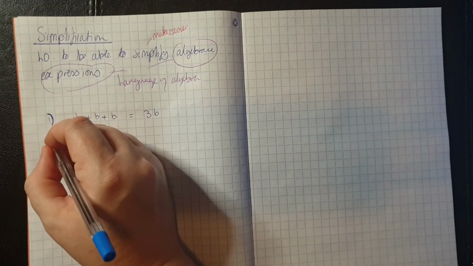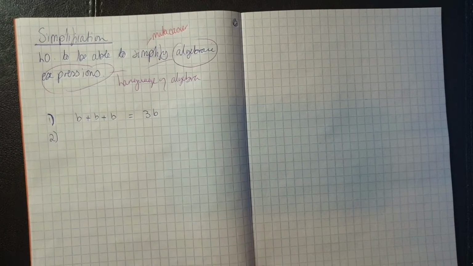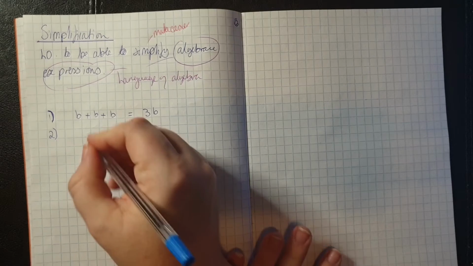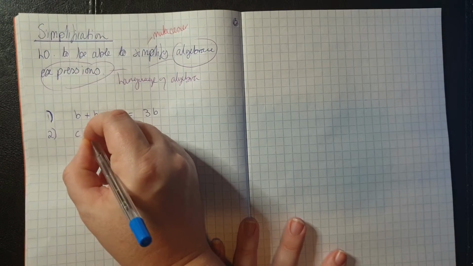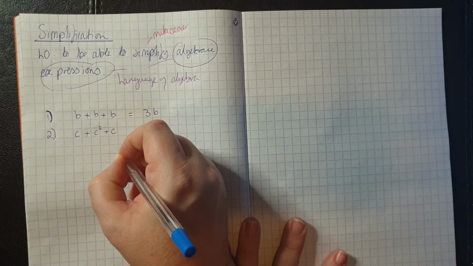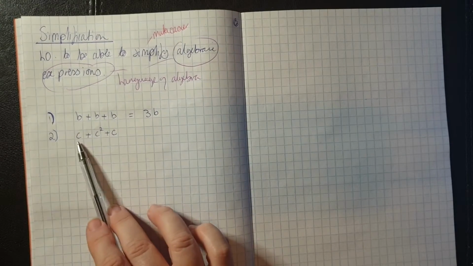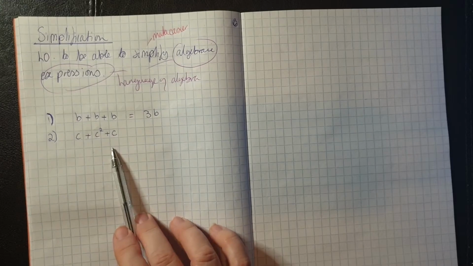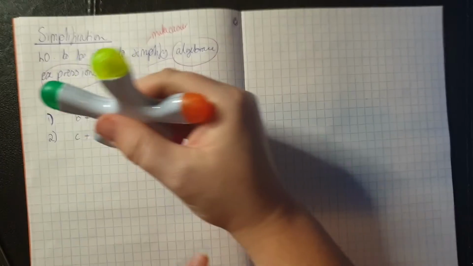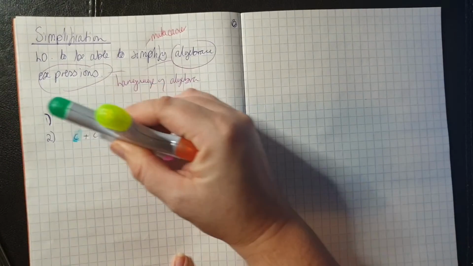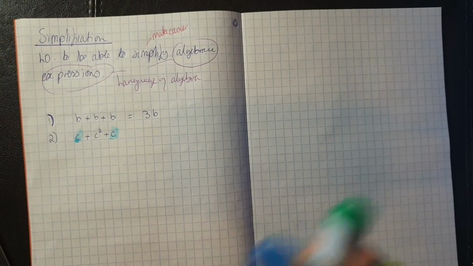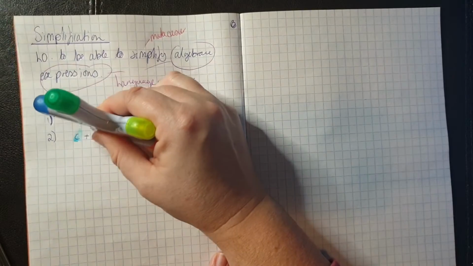Another way we can do simplification here is we're looking for the same letters with the same indices. So we might have, say for example, C plus C squared plus C. Although all 3 terms are C's, this one here and this one here are just C, whereas this one here is a C squared.